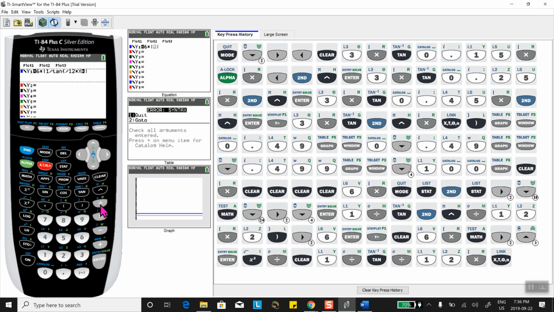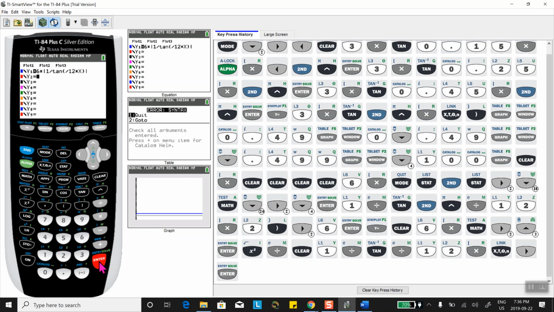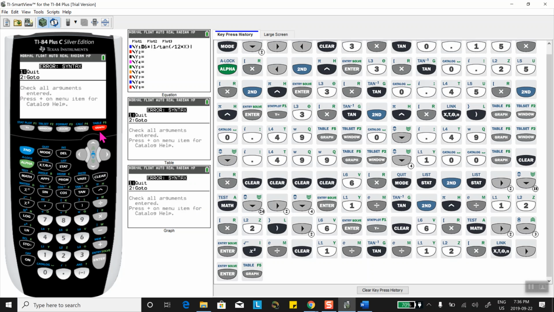Hopefully I didn't forget anything. That looks good. Okay, enter. Now let's go graph it. We have to change the window though. Whoops. Syntax. Okay, I must have messed up something here.